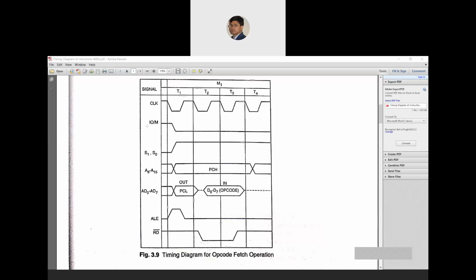Then the next signal is IO/M bar. When this signal value is 0, the operation is a memory related operation, and when the signal value is high, then the operation is an input output, IO related operation.